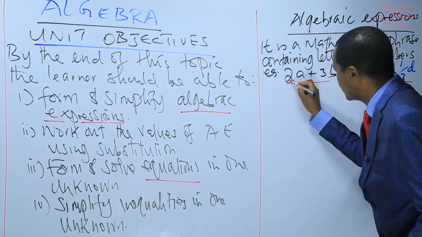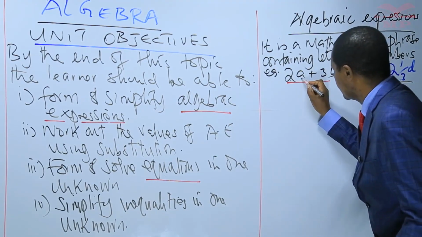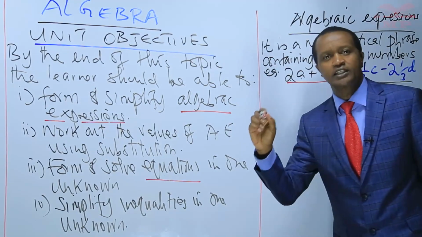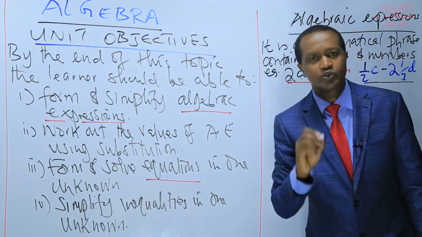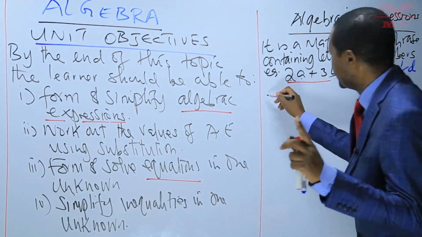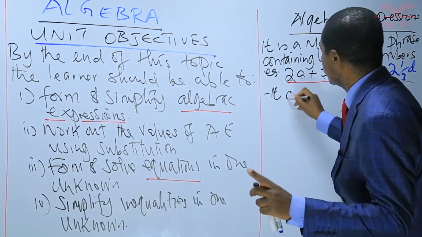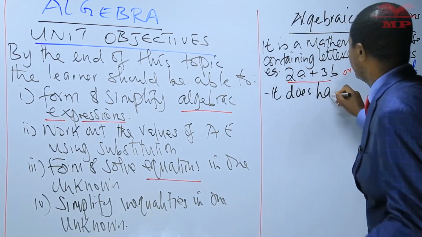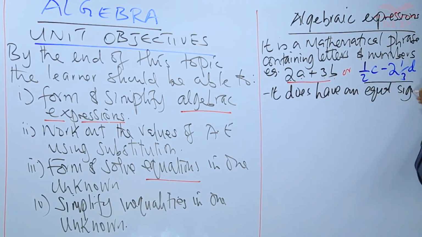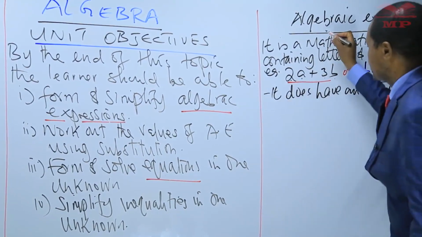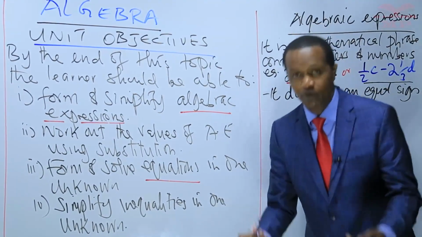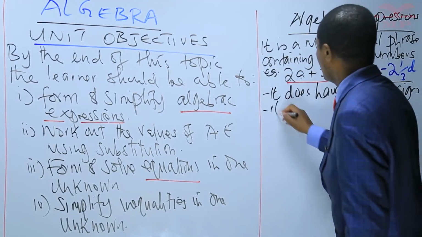An algebraic expression is a mathematical phrase containing letters and numbers. This 2 is a number, this a is a letter, this 3 is a number, this b is a letter. And an algebraic expression does not have an equal sign, and therefore it cannot be solved.